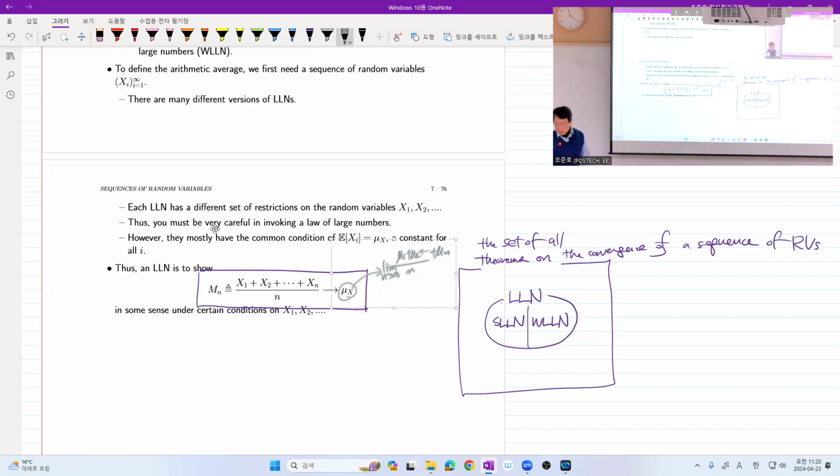Anyway, what I want to say is that there are many strong law of large numbers, but one of the famous strong law of large numbers is assuming that the random variables have the common mean value.